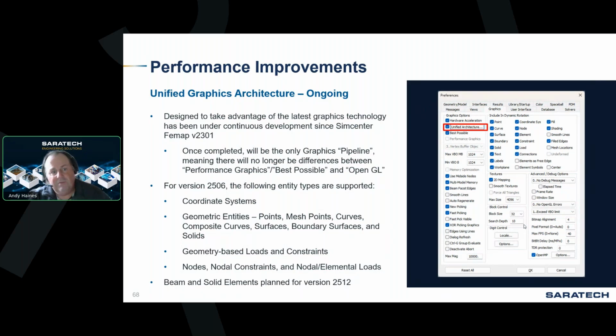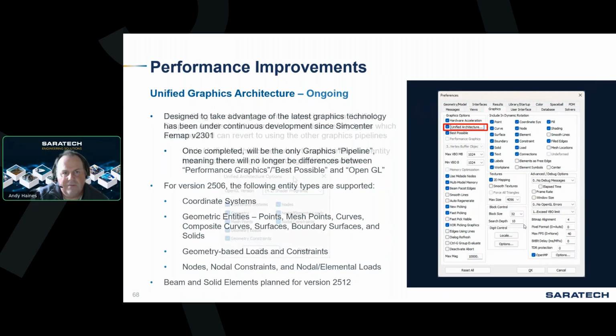For 2506, what's supported currently is coordinate systems, all geometric entities, geometric-based loads and constraints, and then nodes, nodal constraints, and nodal and elemental loads. The one thing I know is coming for 2512 is beam and solid elements.